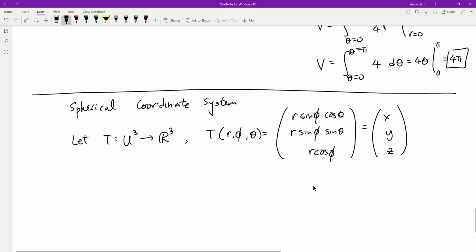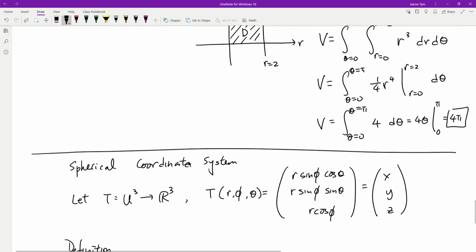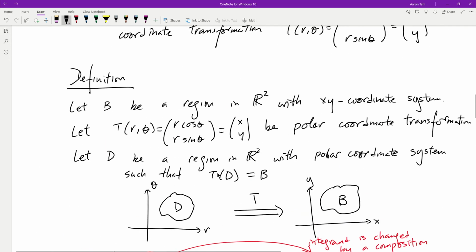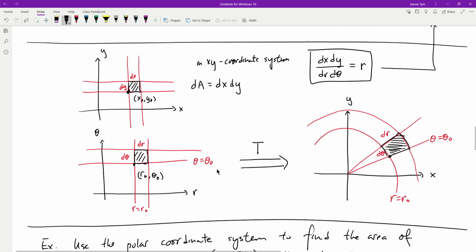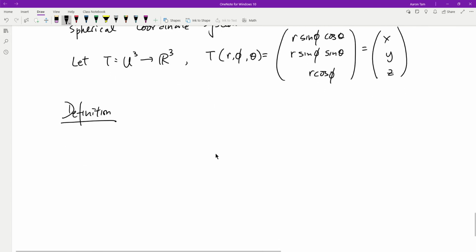So here's a definition for change of variable between the rectangular coordinate system and the spherical coordinate system. I'm going to try to word it the same way as the polar. Let me take a quick look so that I remember. Okay, that's pretty straightforward. So here we go.